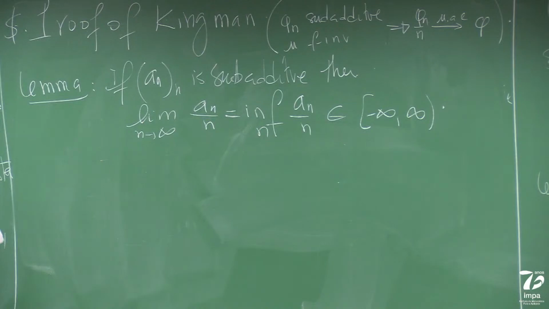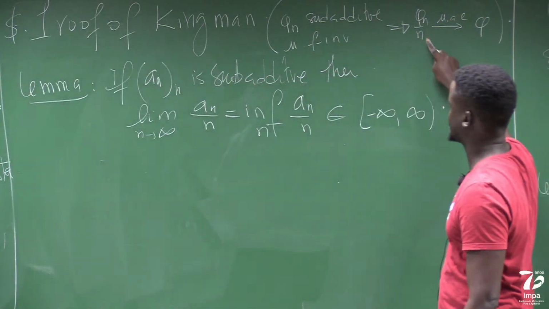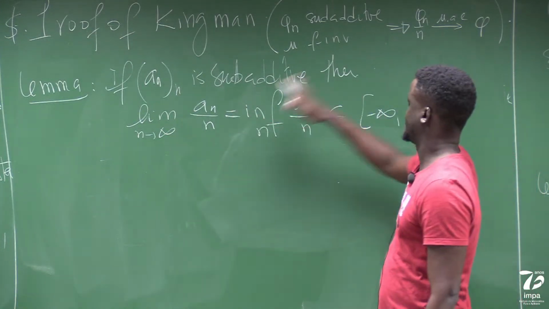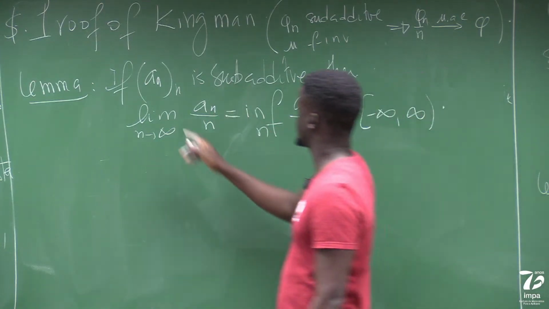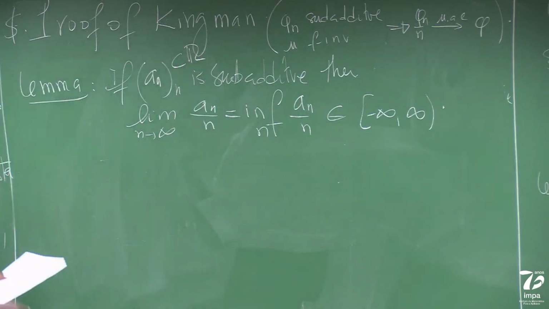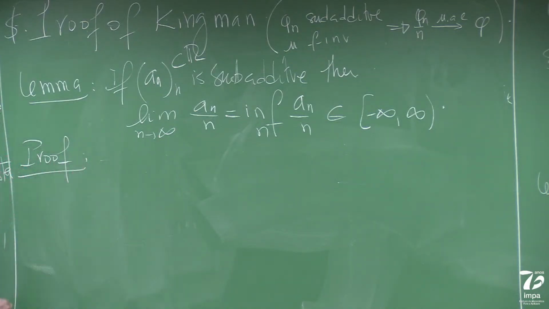It's not yet proving this, because this is a convergence of functions. So we will do the same for numbers. So this is a sequence of real numbers. So the way we do this proof, this doesn't use any measure theory, nothing.